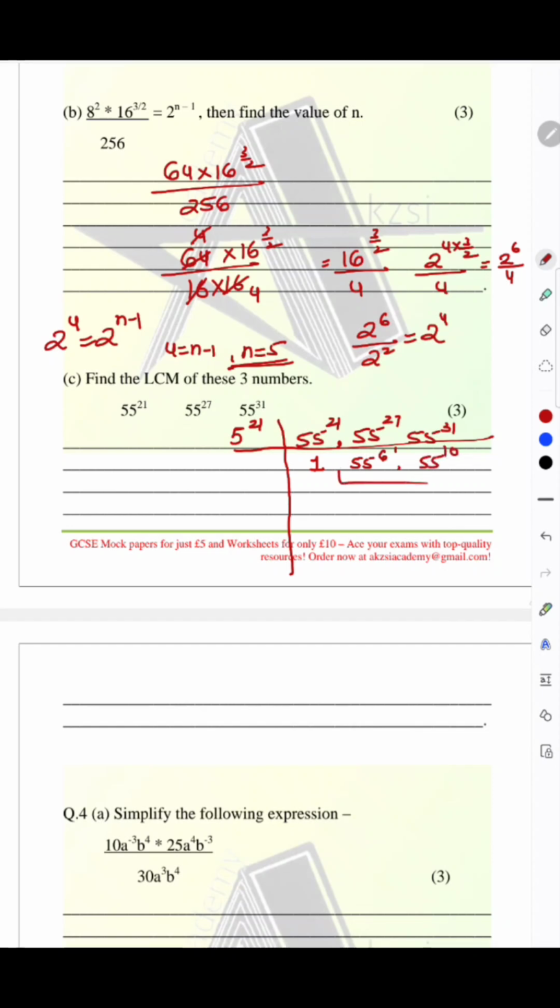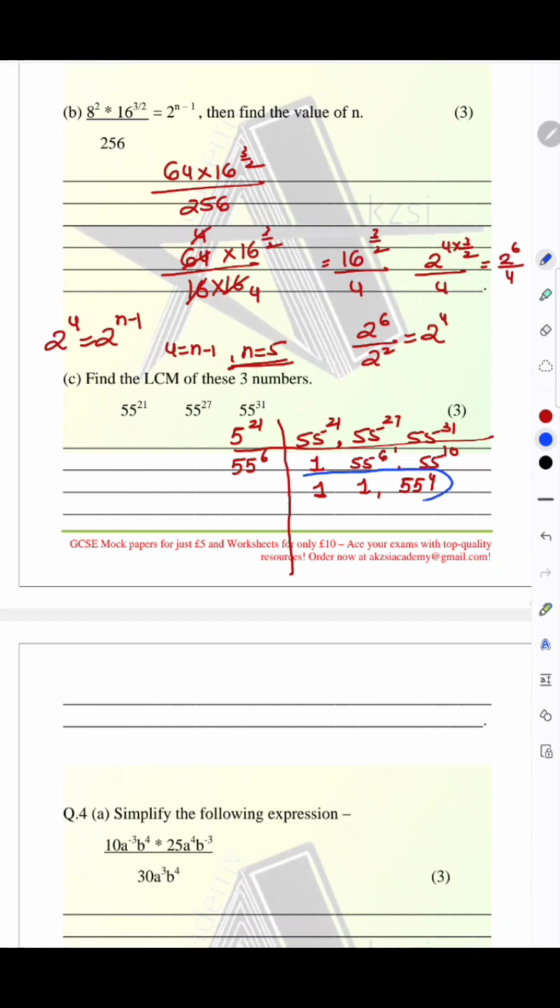Again, among these, between these two, I can take out 55 to the power of 6 as common. So 1 will remain as it is. This will become 1 and this will become 55 to the power of 4. Now, there's nothing else. Only 1 remaining there. There's nothing common in between any. It has to be common among 3, 4, even 2. But if there's nothing common even within 2 numbers, end it there.